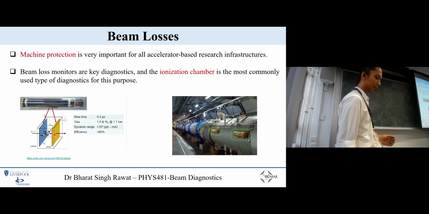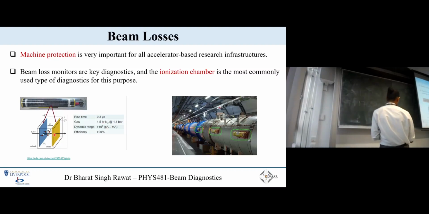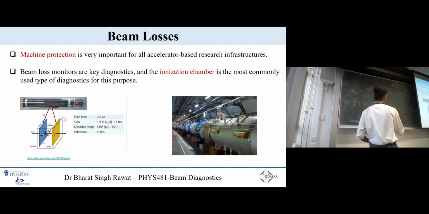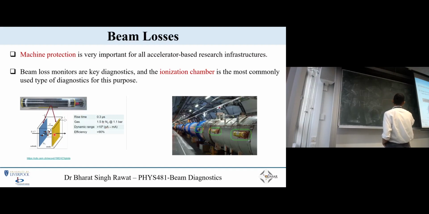So how do you detect them? Ionization chambers are the most common one. It's basically a gas filled detector. You have a chamber which is filled with a pressurized inert gas, usually nitrogen, to keep the environment clean so that it does not interact with any other material.